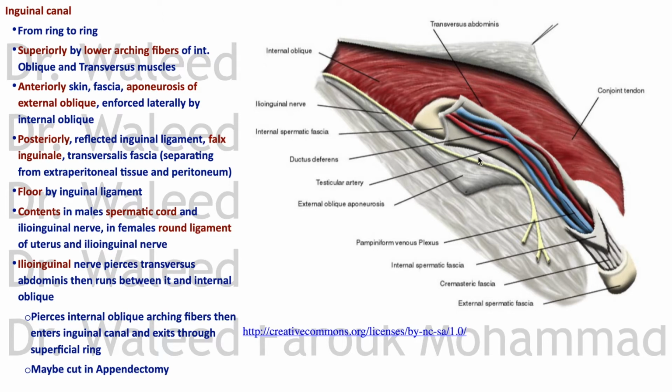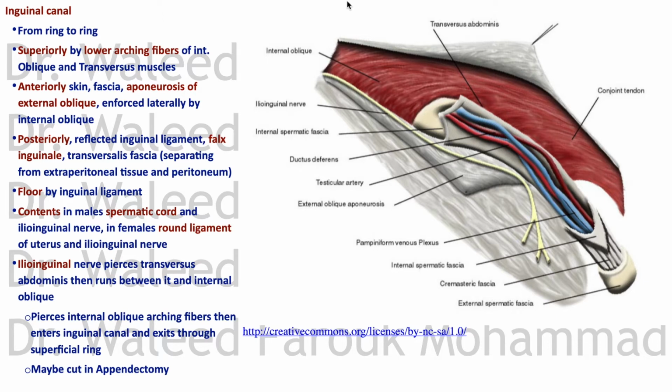The ilioinguinal nerve, how it gets into the canal, this is important to understand. First of all, it's a branch of the lumbar plexus and actually comes out as a branch of the iliohypogastric nerve. They both carry L1 fibers.